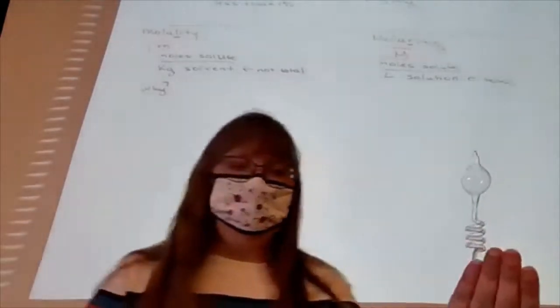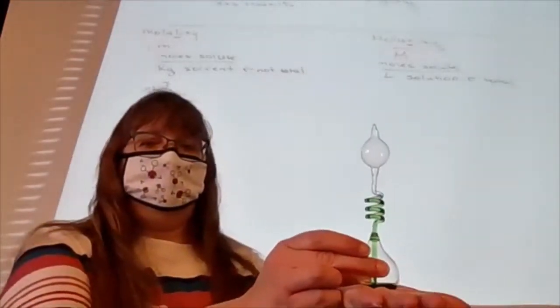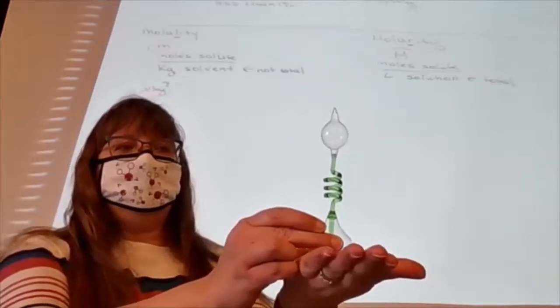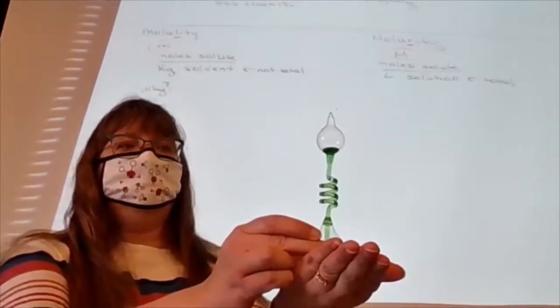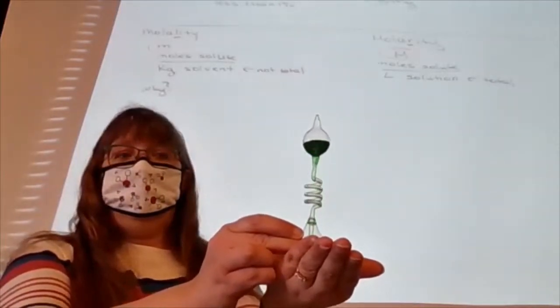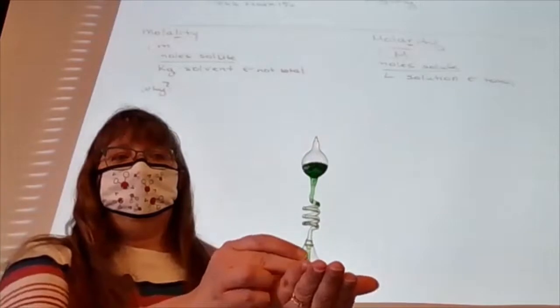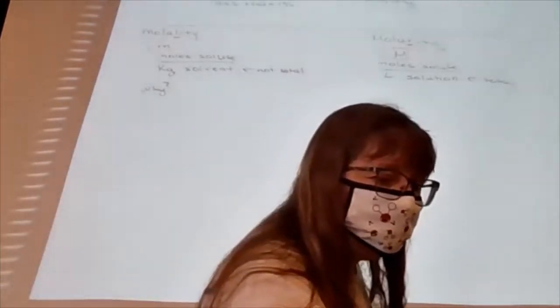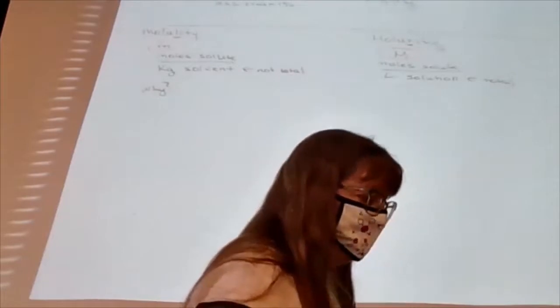Here, let me do this in front here. All right, so you can see that as my hand is warming this up, that liquid is expanding, right? So much so that it's boiling now. Okay, so this happens, and it'll come back down for most things.